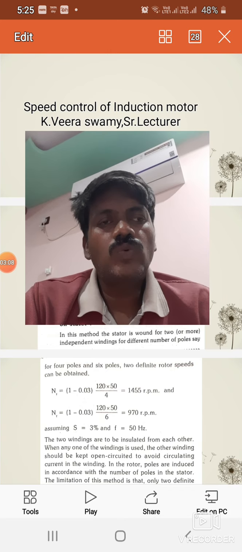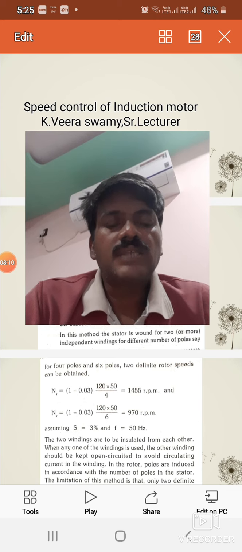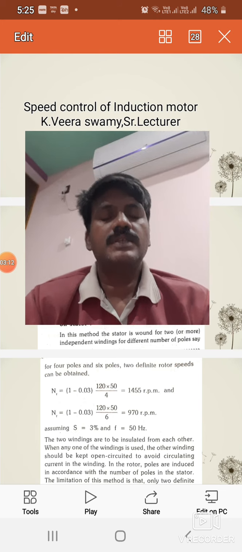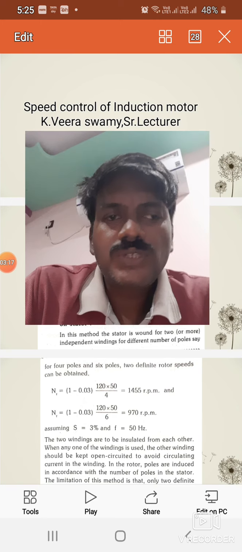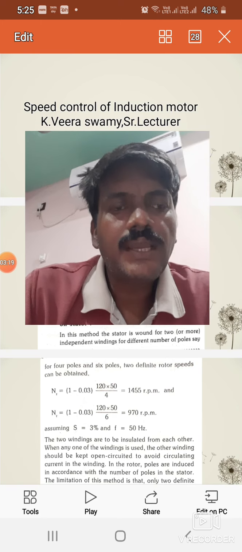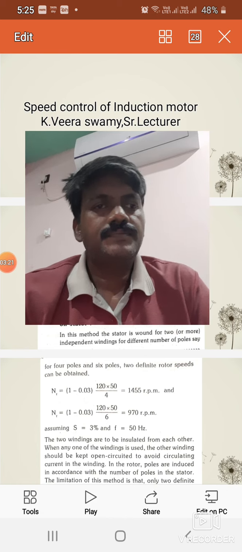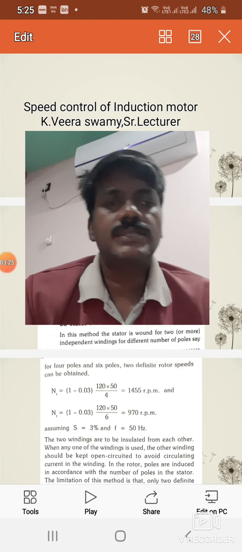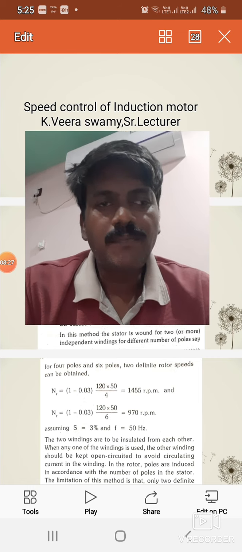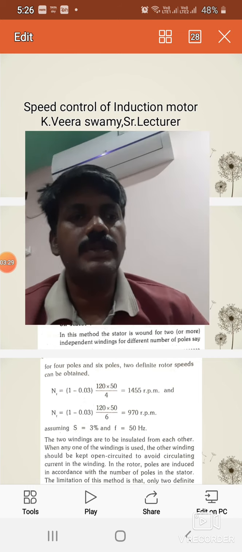So in those first two, one is by changing the supply voltage and the other by changing the supply frequency. We know that torque is proportional to slip S and the square of the voltage V. Suppose you decrease the supply voltage, then what happens?